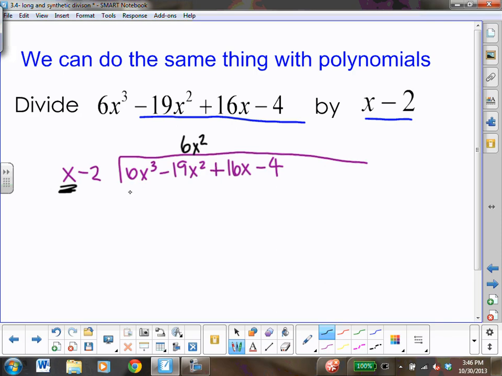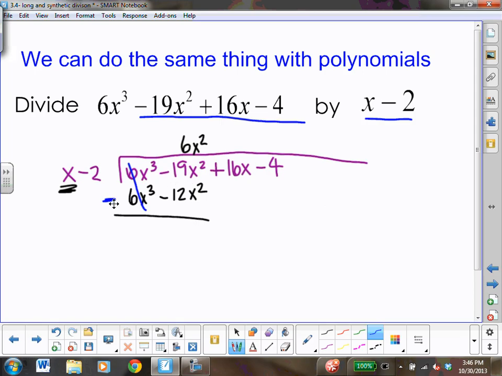Okay, then you multiply, just like before. So you get 6x cubed, and then 6x squared times negative 2 is negative 12x squared. And then you subtract. So these cancel, which is what you want to happen.